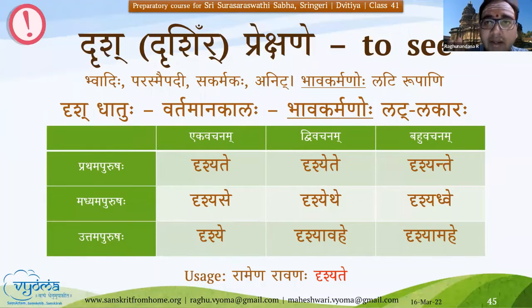Please note, for our understanding and reference, I'm saying it becomes like an atmanepadi dhatu. That means the forms will be like that of any other atmanepadi dhatu. But the dhatu itself is still parasmaipadi only. The only thing is the usage is in passive voice, and hence these transformations have happened on the dhatu.